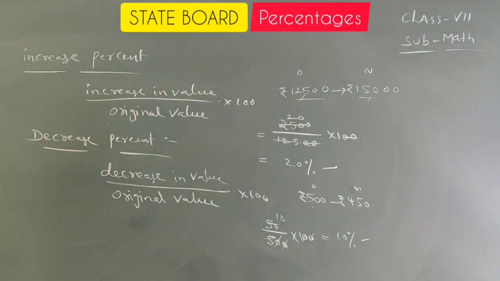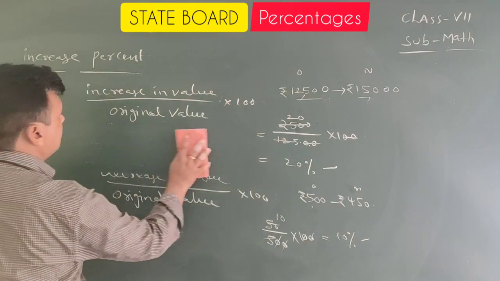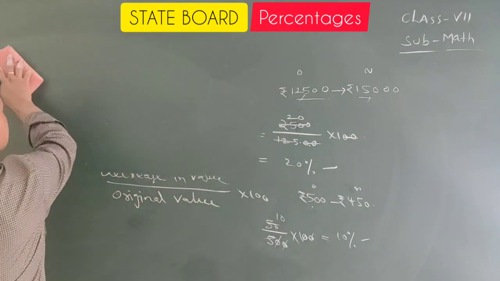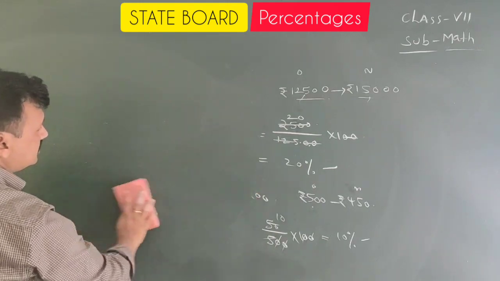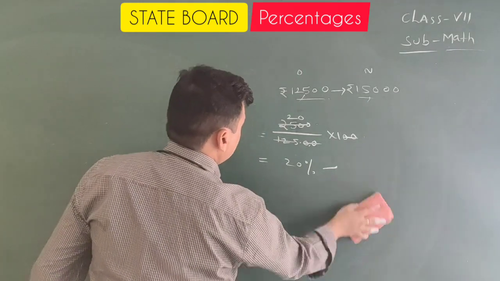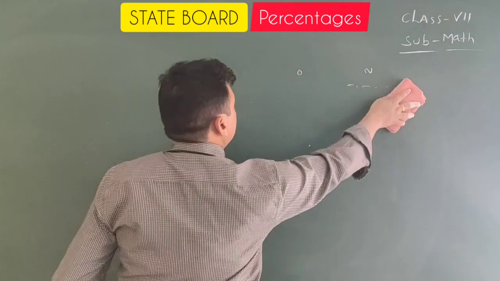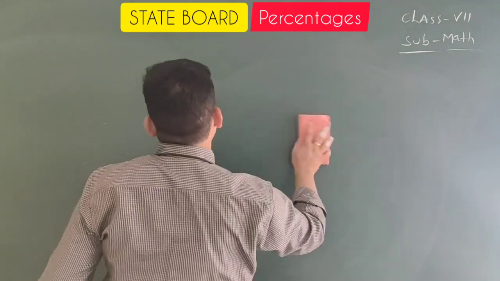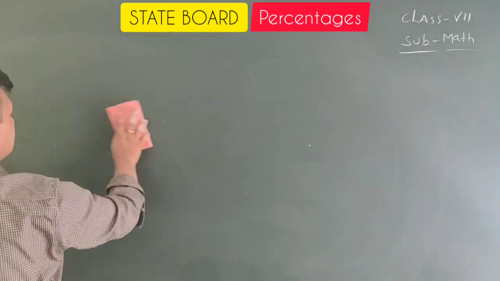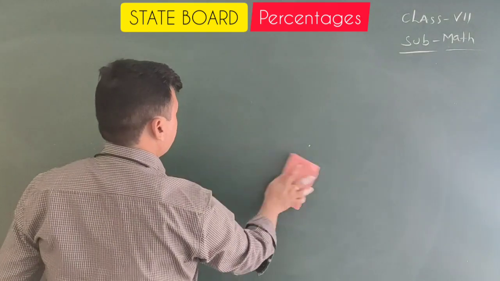In this other model we also have the value after increase or after decrease, but it is not required here. In detail we will discuss later. Here we are discussing the problems from a straightforward point of view only.